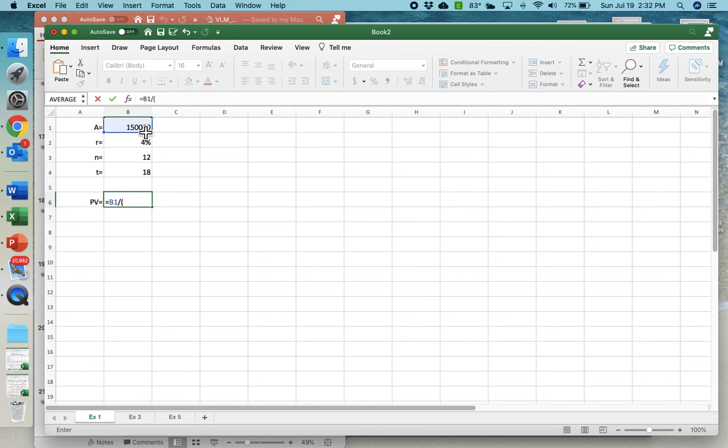So we have 1 plus, parentheses around R over N, so R divided by N, close, and then close everything on the bottom there, and then to the NT, so N times T. And there is our answer.